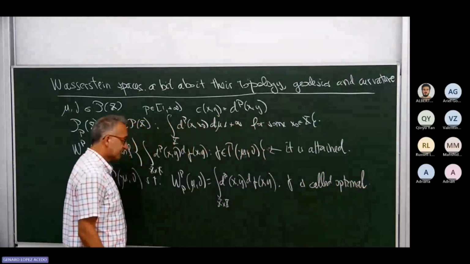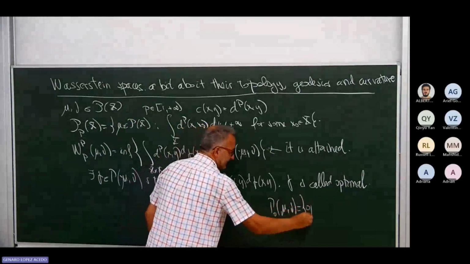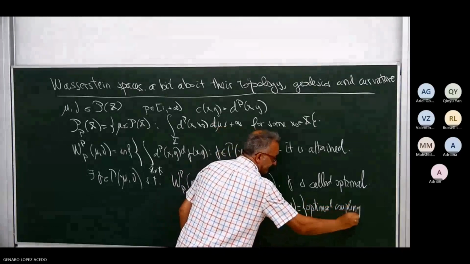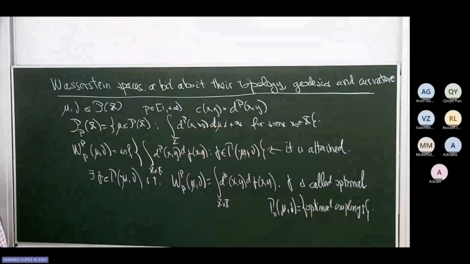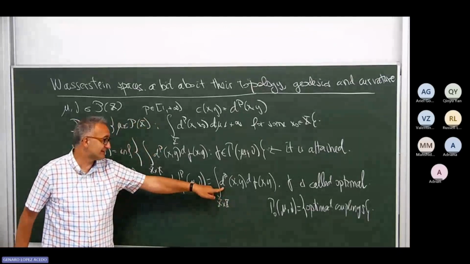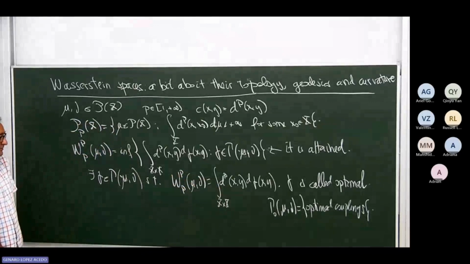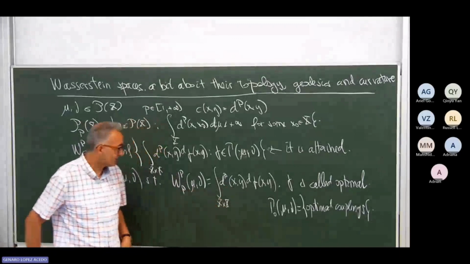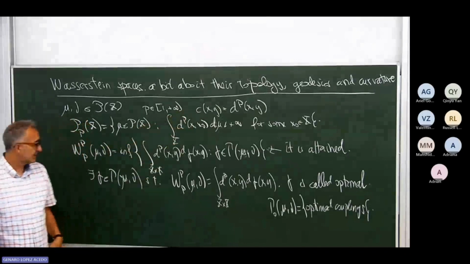And we made a note, maybe that's useful: Gamma_0 of mu, nu is the set of optimal couplings. Of course, this set of optimal couplings depends on the cost function. So if we change this function, the optimal couplings don't have to be the same. So we don't write the p depending on this, but it's good to know that this set of optimal couplings depends on the cost function we are considering.